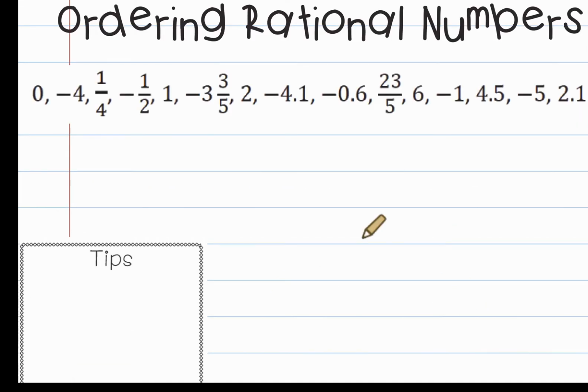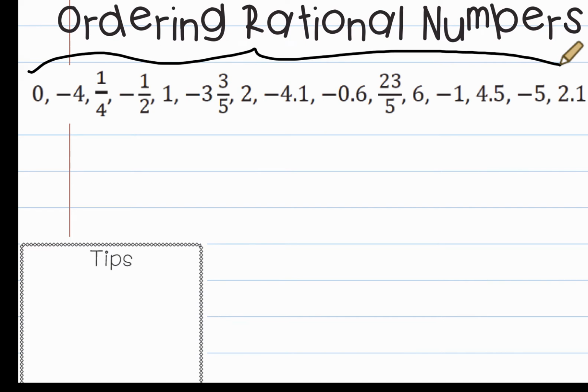Now let's look at ordering rational numbers. These are examples of rational numbers. A rational number, remember, is any number that can be written as a fraction. They could be negative, they could be positive, or they could be 0, which is neutral. So here's a tip. When we're trying to write these in order, first we have to have an order, of course, and we're going to do least to greatest.